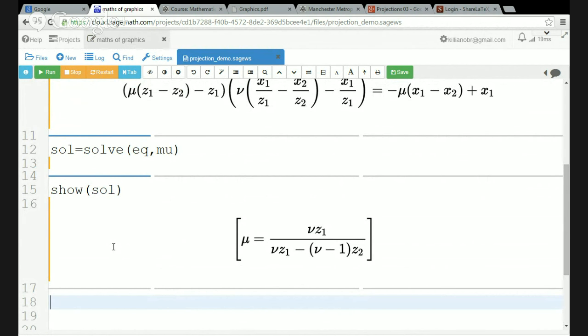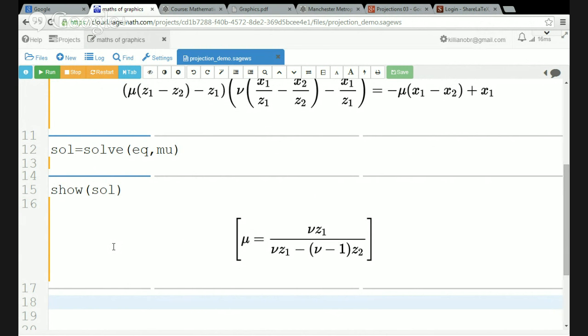Just checking it looks kind of reasonable, yeah? All the ingredients on the right-hand side, the parameter nu, z1, z2, are all part of the original setup. Also notice that any dependence on the x has gone. Any dependence on the f has also gone.